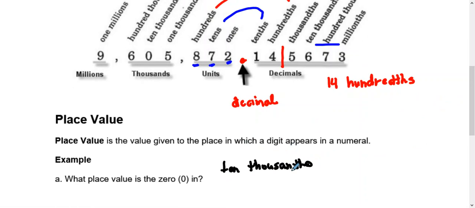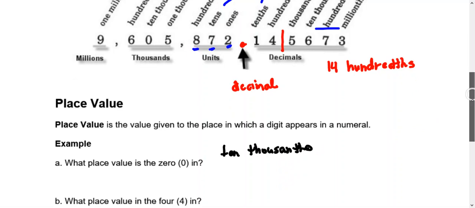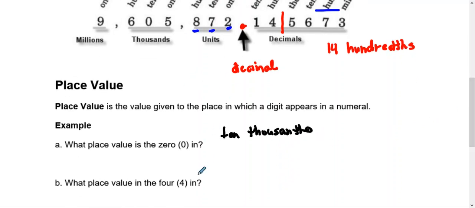We should be able to write this out, or if we're using a Chromebook or a laptop, we can type it out, and we should be able to identify those things. If I look at the 4, here's my 4. I can say that's the hundredths spot, because it's two spots after the decimal. So that's what we're going to work at first.